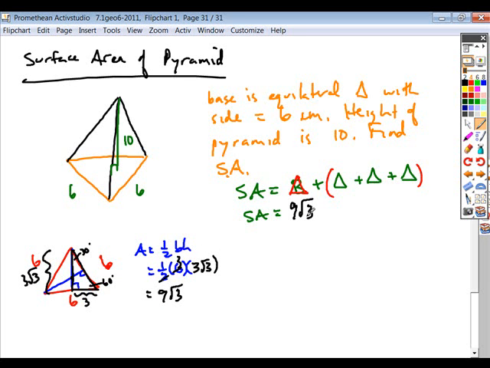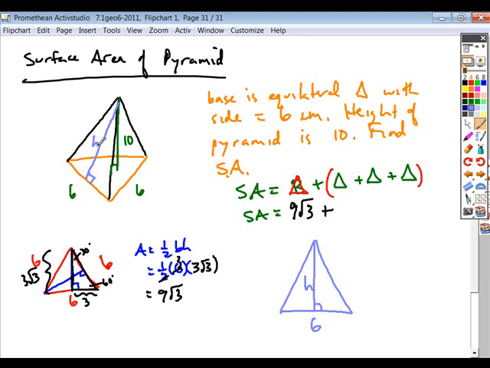And now, in order for us to find the area of these triangular sides, what we have to take into consideration is this relationship. Here is the height of this side. So our side has a base of 6. It has this unknown height h right here.